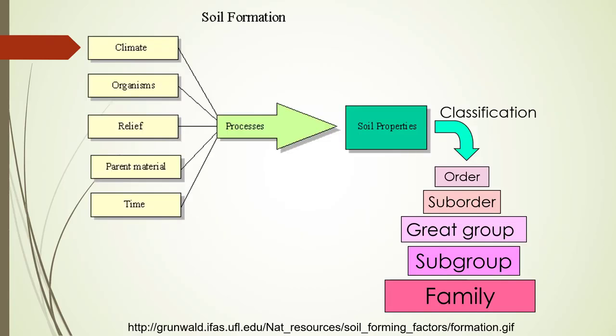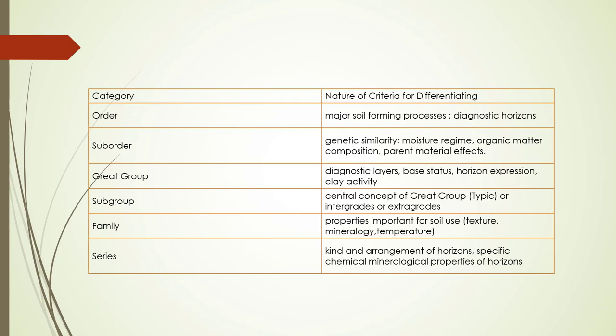Okay, so this is soil formation. You've got your climate, organisms, relief, parent material, and time. Then there are processes that happen, and then the soil properties help with the classification. And while there are a lot of different tiers to this, we are primarily looking at order and family. So order is major soil forming processes.